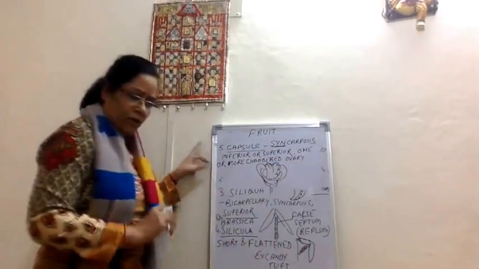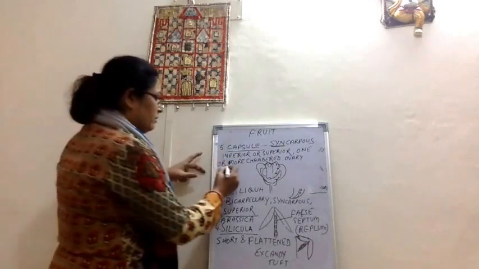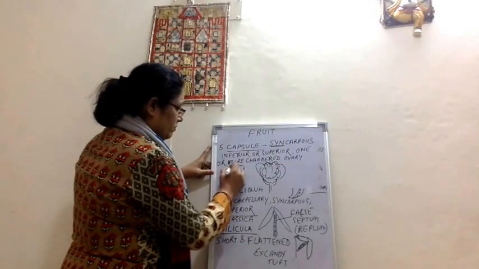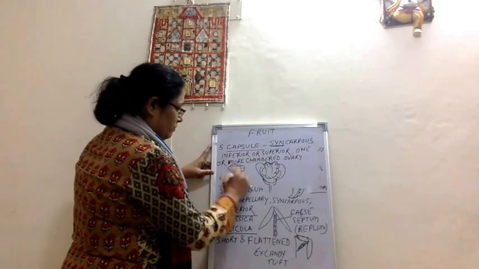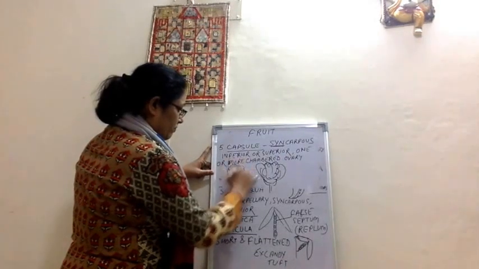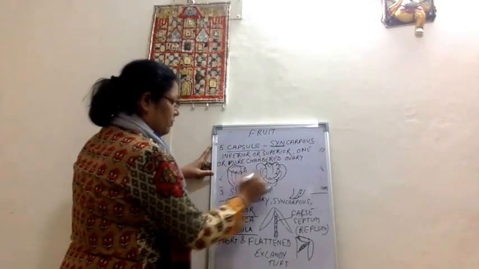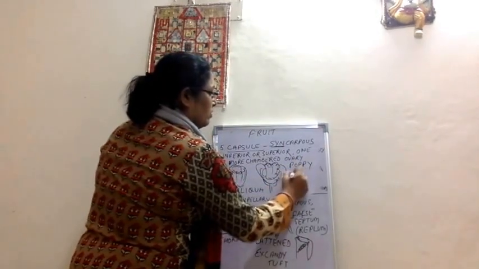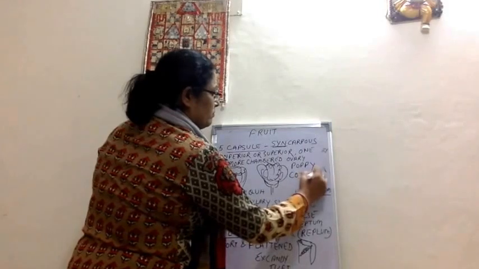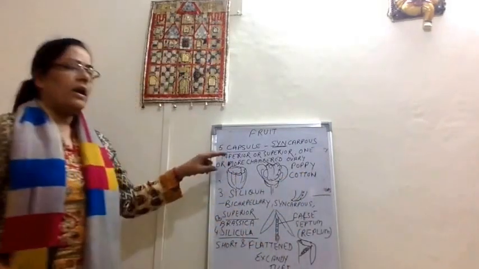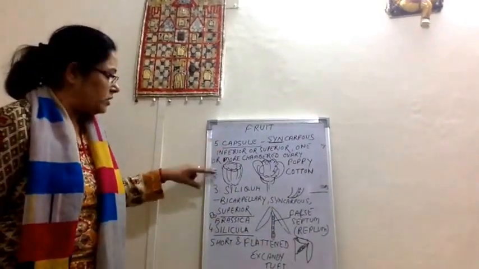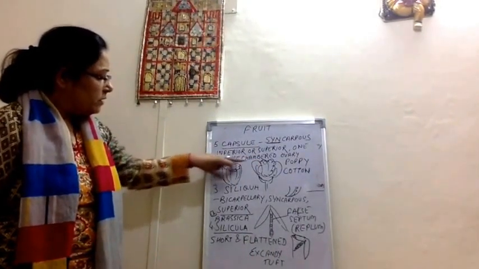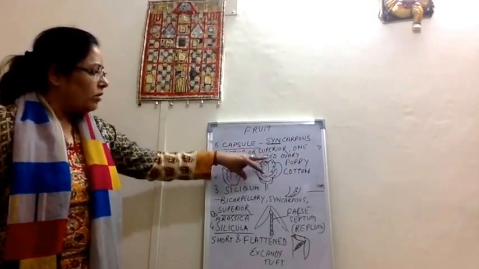It's like a ball, or sometimes in poppy or cotton. So these two are capsular in nature. Poppy seeds are here, poppy, and cotton boll.